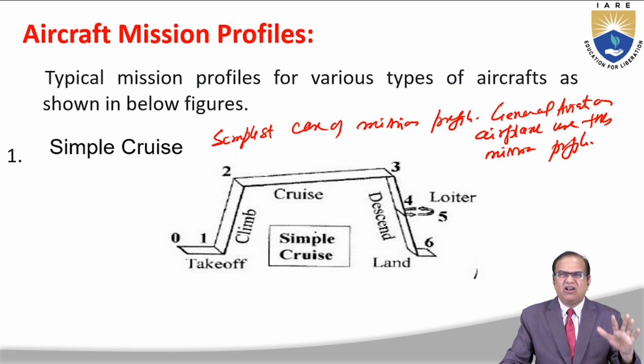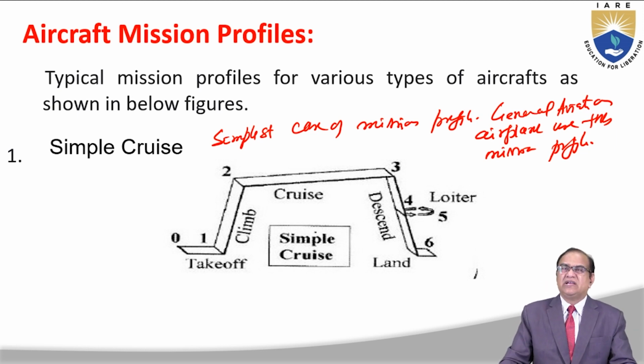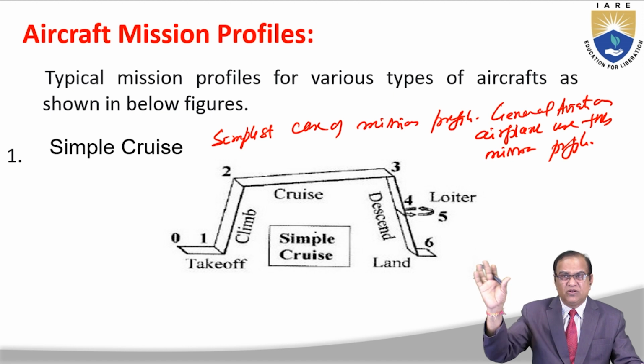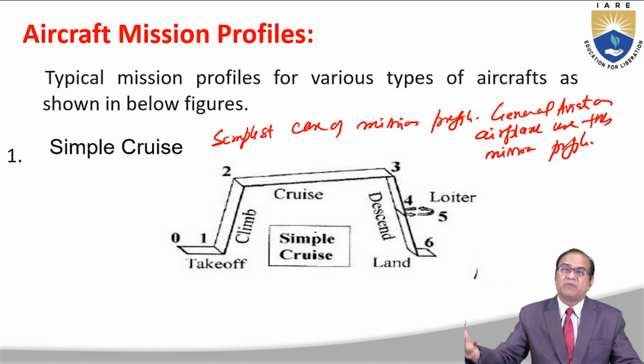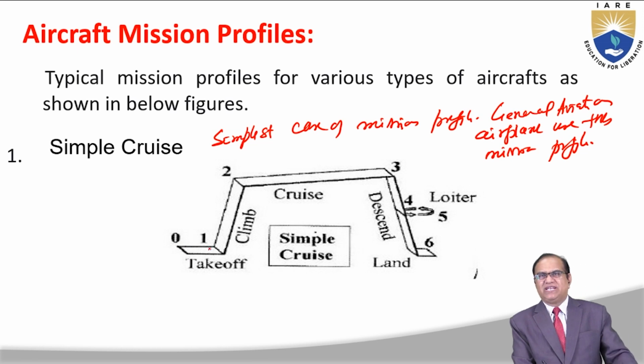All these are called general aviation. And general aviation aircraft are very small and they will just take off and land at only one place. They will not go to multiple places. So here 0 to 1 is a takeoff.